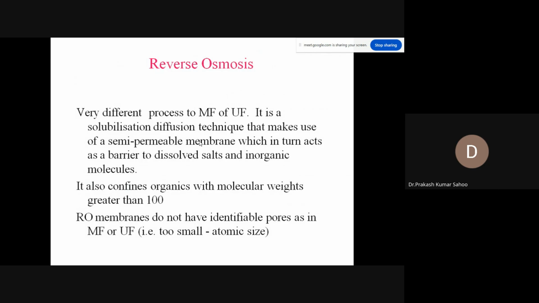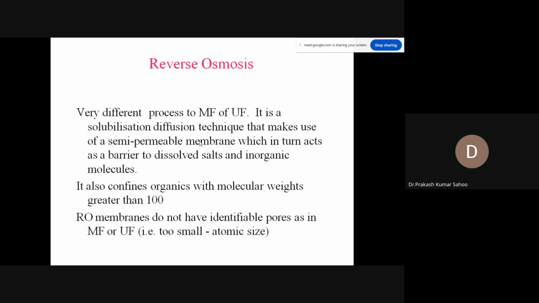They use the semi-permeable membrane to separate the dissolved solids present in water, and we get mineral water, a demineralized water, devoid of the dissolved solids present in the water.